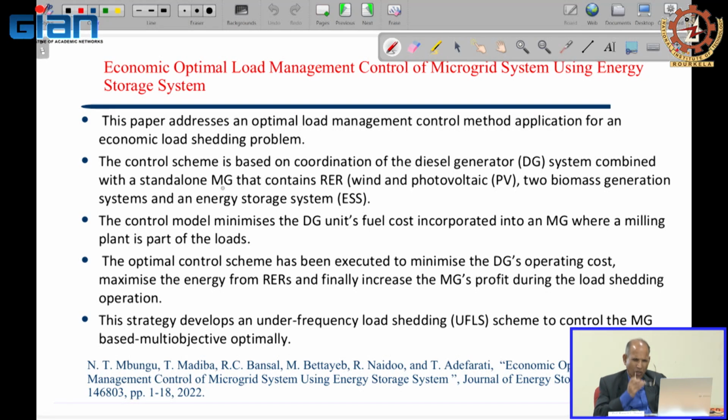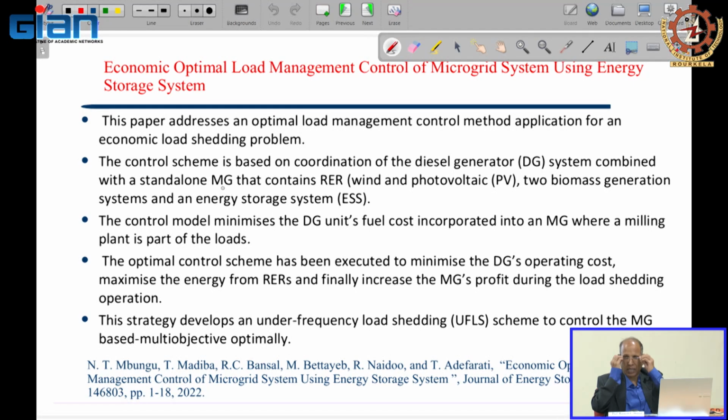So this optimal control scheme has been executed to minimize the diesel generator operating costs, maximize the energy from the renewable energy resources, and finally increase the profit of the microgrid, if it is operated by independent power producers, during the load shedding operation. So this strategy develops an under frequency load shedding.